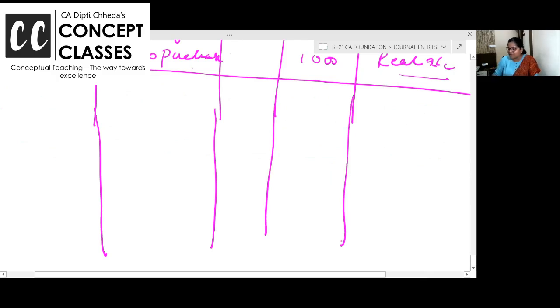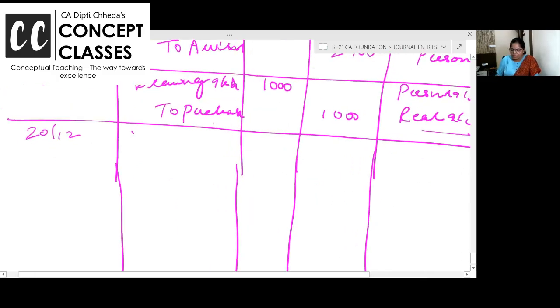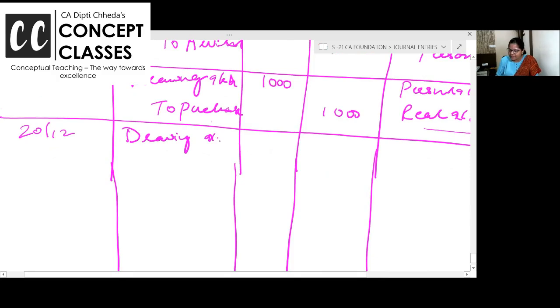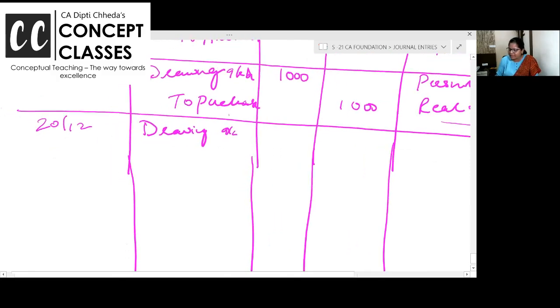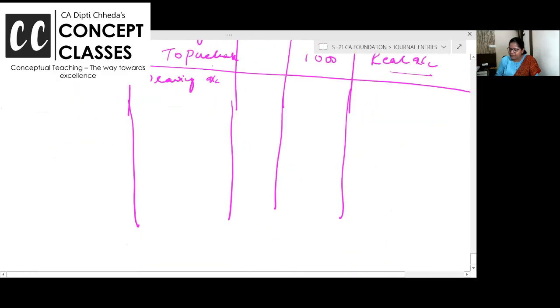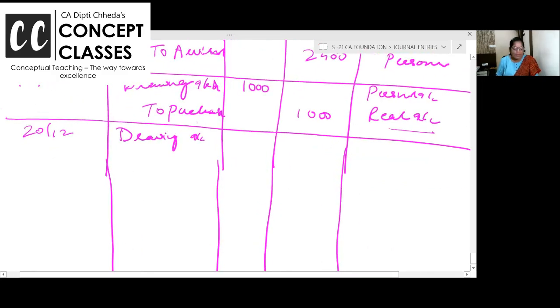I hope you all are using the scale calculator. So again drawings, whether you withdraw goods or you withdraw cash, the proprietor is receiving. That's the reason the drawings account is debited. How much? 2,000.